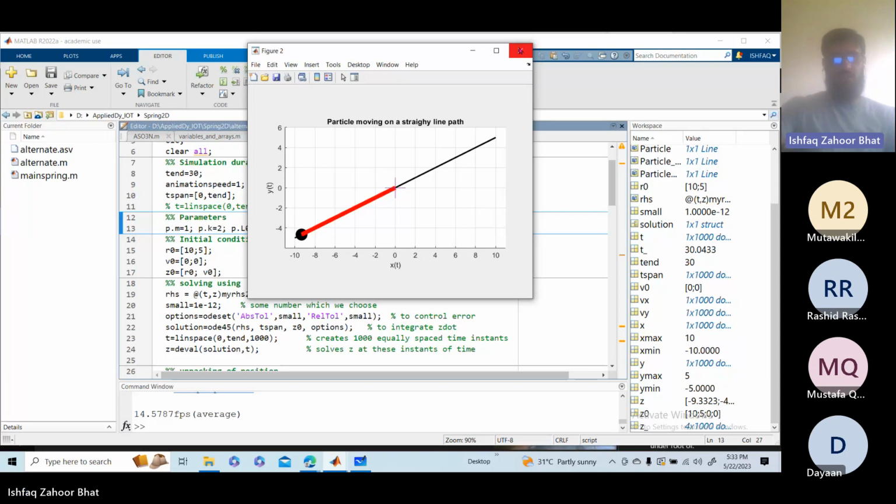You will get to know these things only if you play with these coding lines. So you have predicted that if there is no gravity, it will oscillate, and it will oscillate through the origin.